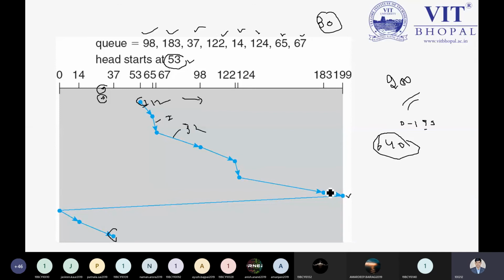The diagram is over here, and with the diagram, you need to find the total head movement. So what happened from 53 to 65? We will jump. Why? Because in the C scan, first we go in the forward direction and then go to the initial point, that is the 0 we have, and then we will scan the rest of the requests.